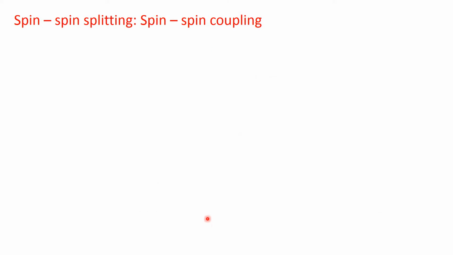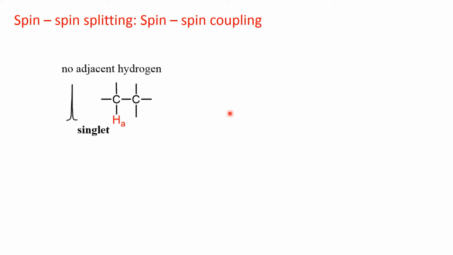Now, spin-spin splitting, spin-spin coupling. What is that? Look at this molecule. This is the hydrogen atom Ha, which is attached to this carbon atom, and the adjacent or neighboring carbon atom does not have any hydrogen atom. In that case, the NMR signal of this hydrogen atom will consist of a single peak.